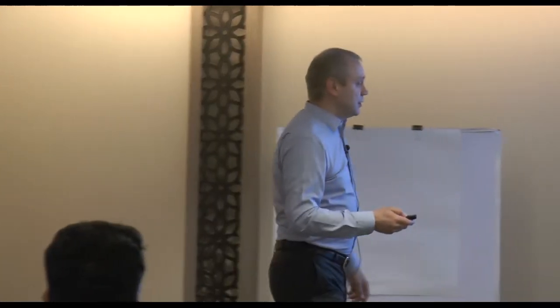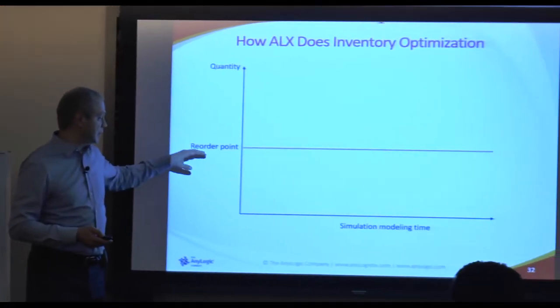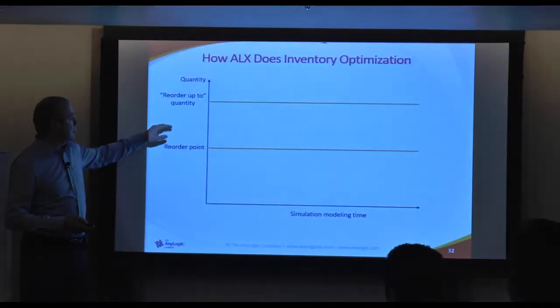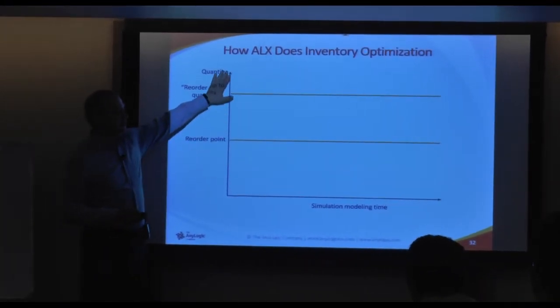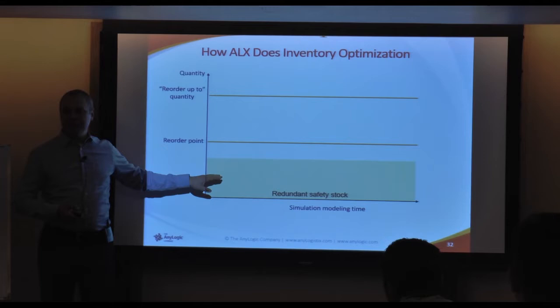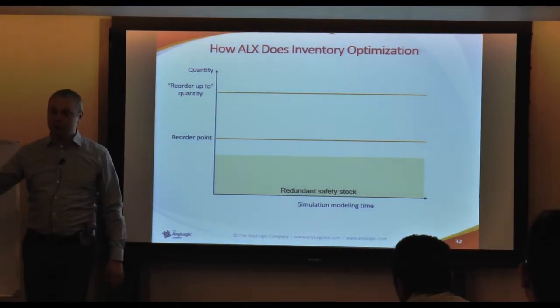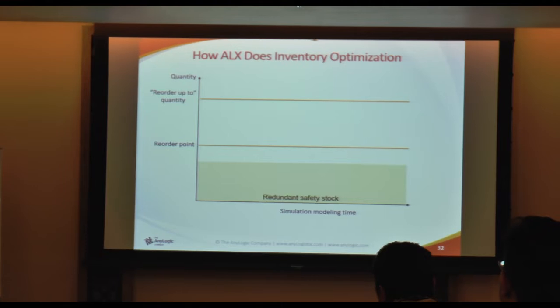And what we do in the dynamic simulation model to analyze safety stock. Let's say we have the inventory policy, and this is a reordering point. This is the quantity up to which we order. So we introduce so-called redundant safety stock. We know in advance this is much more than you need.